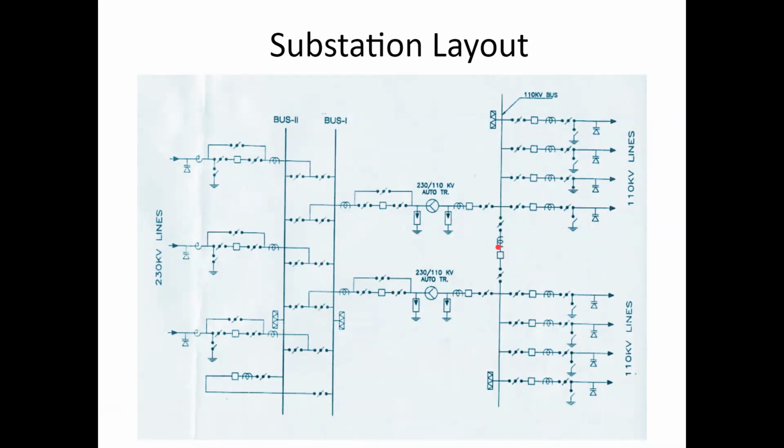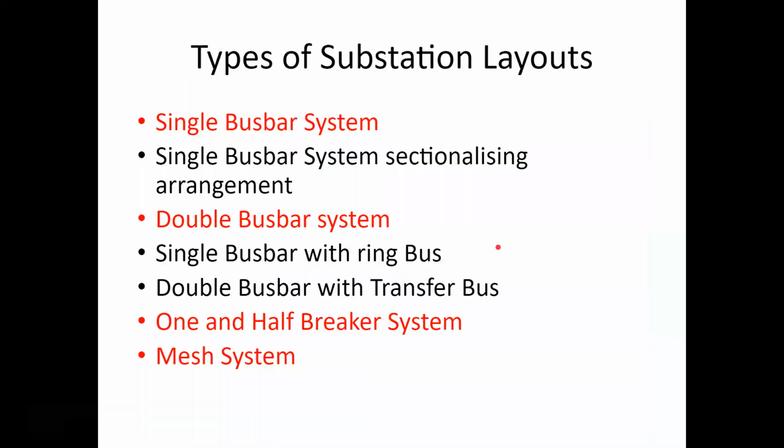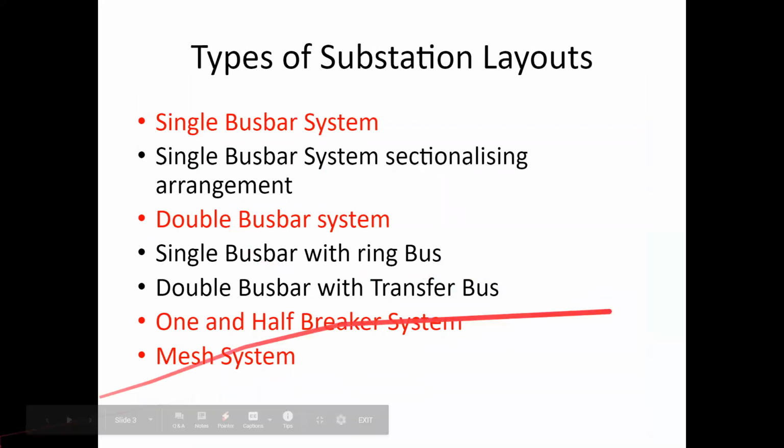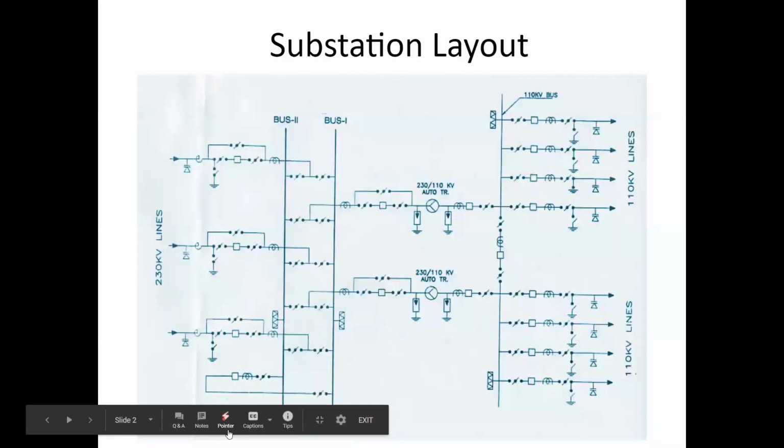A single bus is used, but it is divided into two sections. Then there is the double bus bar system, like I showed you in that previous diagram. There will be two buses. One bus is working at a time, and the other bus will be just a spare. This is the double bus bar system.